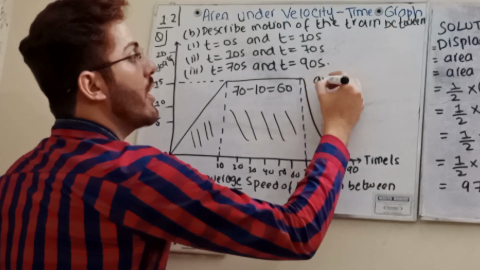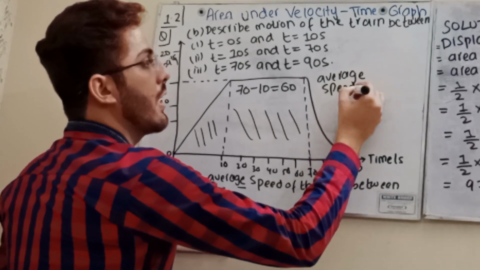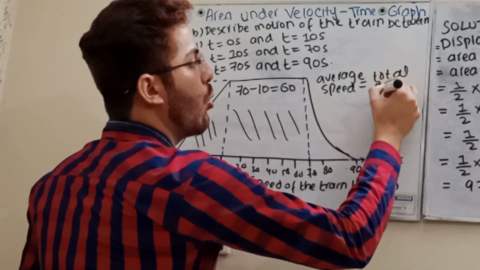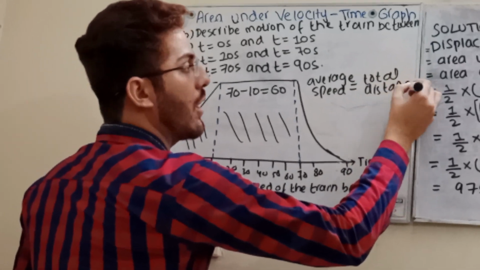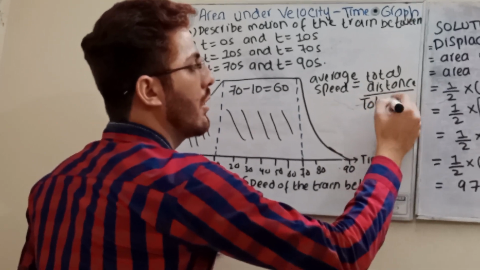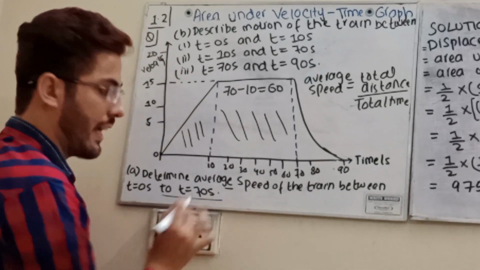So for average speed, student, always remember, we need to find out the total distance divided by the total time. Total time we have been given: 70 seconds.